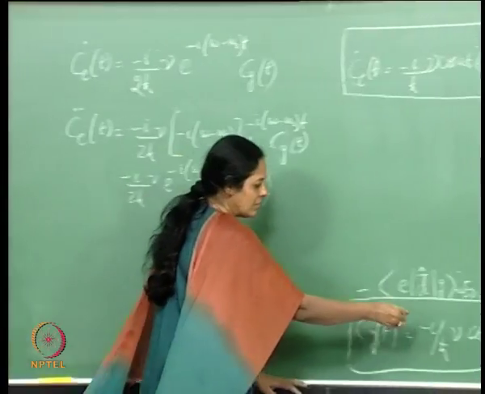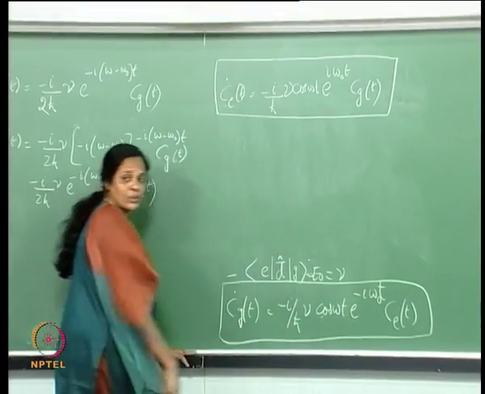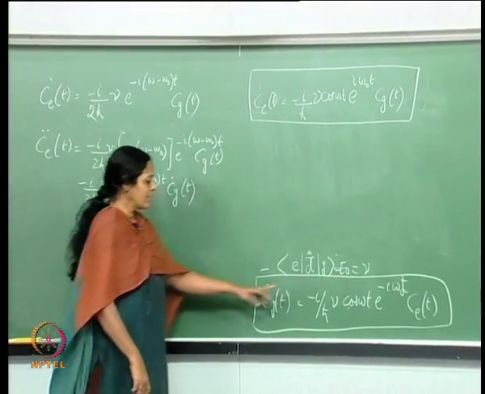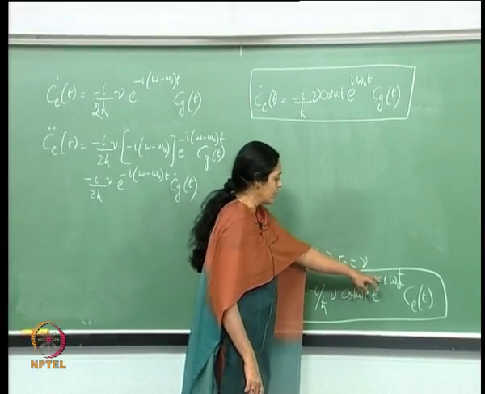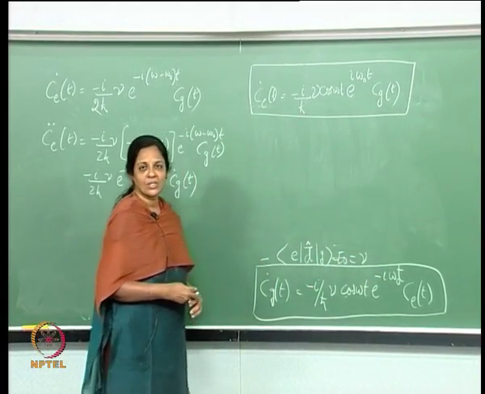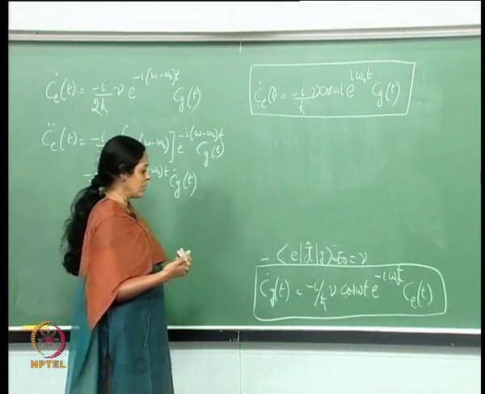Once more here I will use the rotating wave approximation, and I will only retain the exponential term which has omega minus omega naught and not omega plus omega naught.